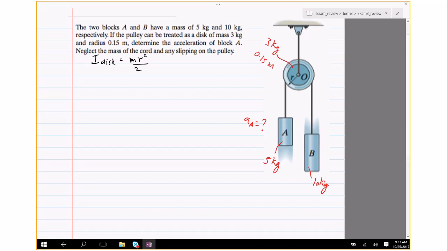Okay, so let's think of the problem before we solve it. If there's a 10 kg mass to the right, attached to a 5 kg mass, and if you let this go, well, this will also be given. It's not given, unfortunately, that there's gravity. Otherwise, this thing will not move. So clearly, B would move down and A would move up, right? Because the disk has mass and inertia, it is going to have an angular acceleration too.